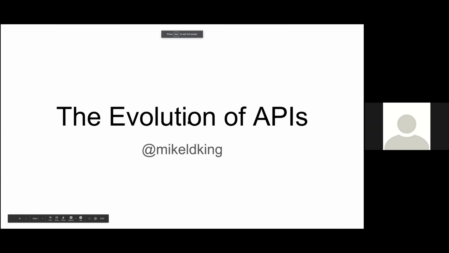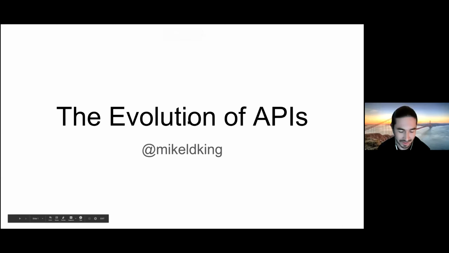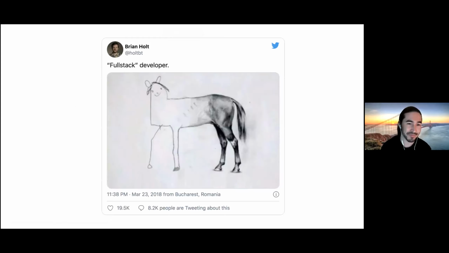Okay, great. As Andrew mentioned, my name is Mikio. I've been working in the industry for about 12 years and got an undergraduate degree in computer engineering, so both hardware and software. But I've evolved into what people call a full stack developer, and I really like this picture of what that means.